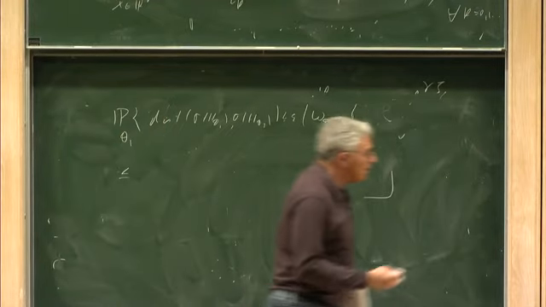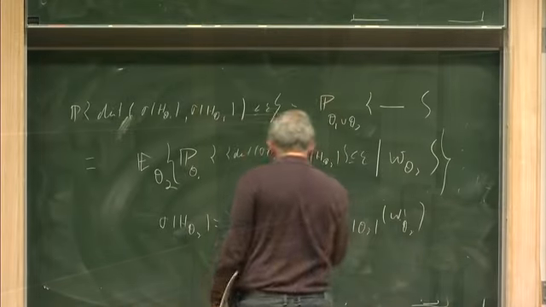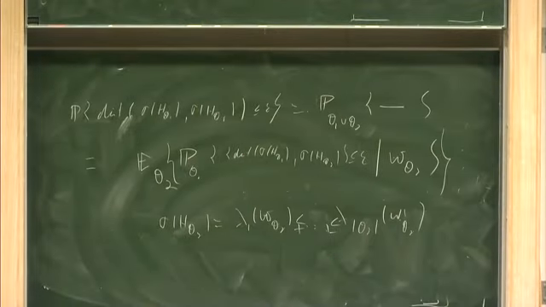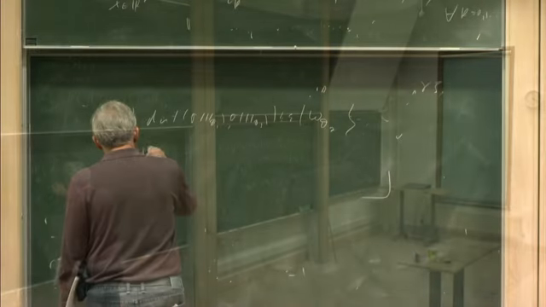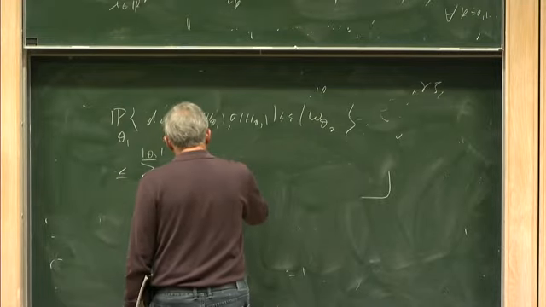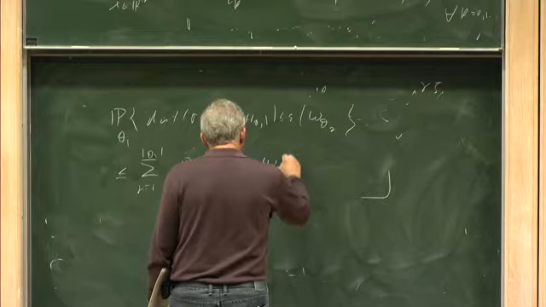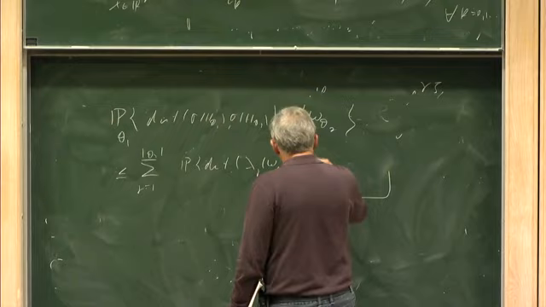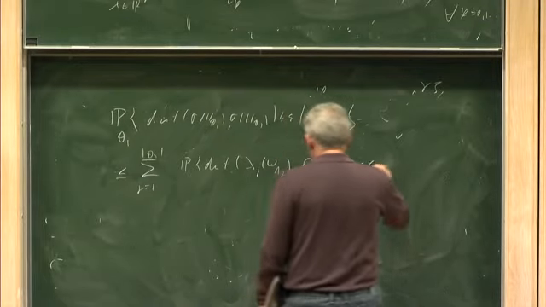I can order them, let's say, I use the minimax principle to get those. So they are ordered. This is less than the sum, where j goes from 1 to theta 2, of the probability that the distance from lambda j of omega to the spectrum of this is less than epsilon.